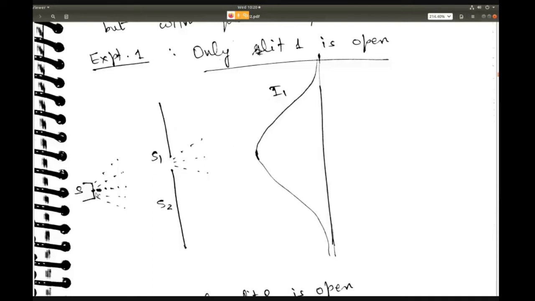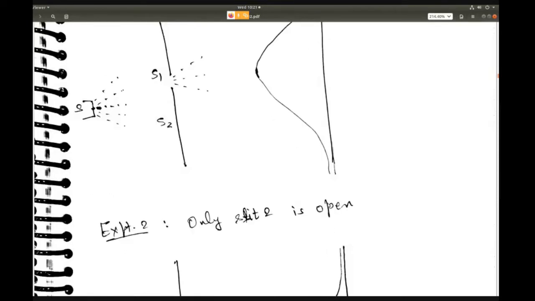So again, S is a source of electrons. Okay, so electrons are being emitted from this source S. And in the first experiment, we keep only slit S1 open and S2 is closed. And you see that the intensity profile is similar to what we obtained in the case of both particle and wave when one of the slits was closed. So you see that intensity is maximum at this point, and everywhere away from this point, intensity decreases.